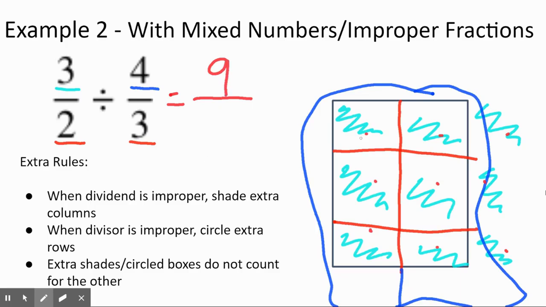And our circled boxes, we have 1, 2, 3, 4, 5, 6, 7, 8. So our denominator is going to be an 8. Notice that when we were counting the circled things, we did not count these 3 boxes as being circled. You only need to circle things if they're in the original model.